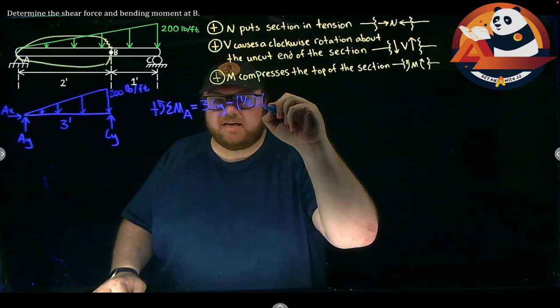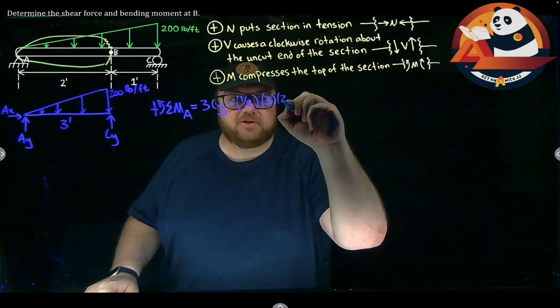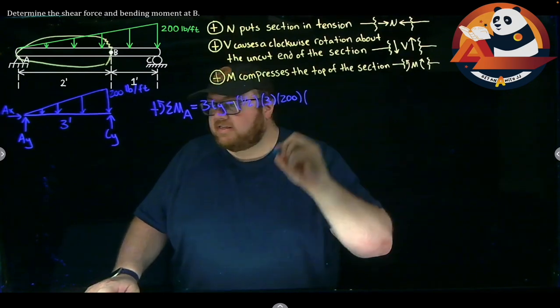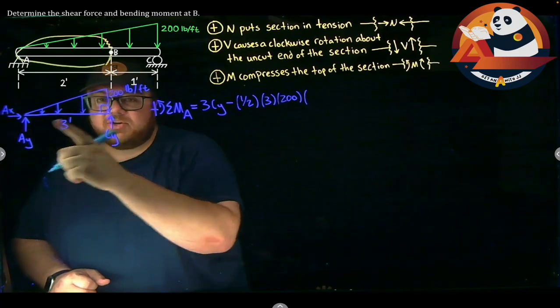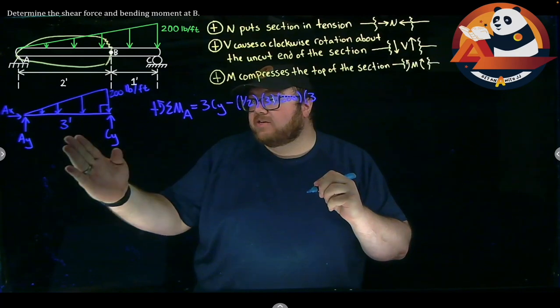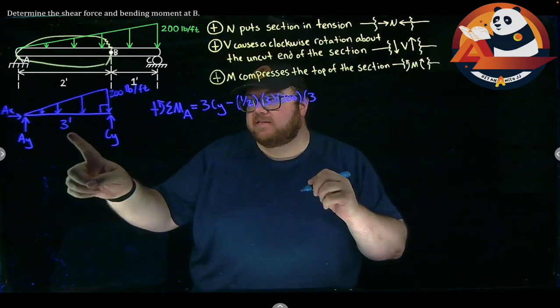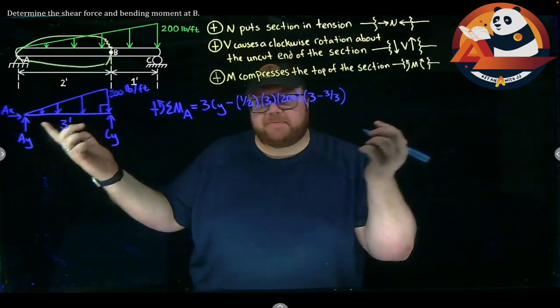The force is the area, so 1/2 times 3 times 200 times my distance. I want to measure from A. I'm going to go first to the 90-degree corner, so that'd be 3 feet in. But then I come back towards A a third of the base, so 3 minus 3/3, or really that'd just be 2 feet.